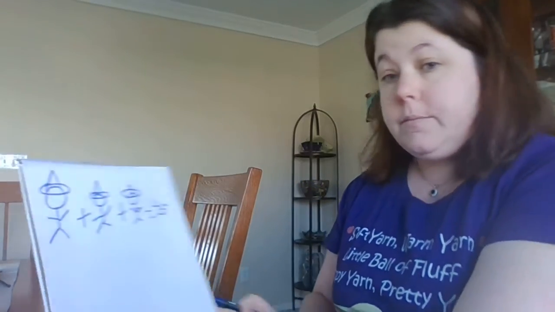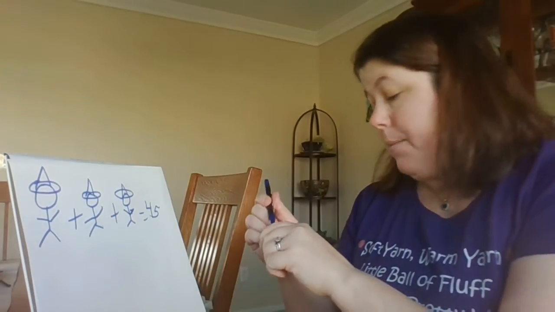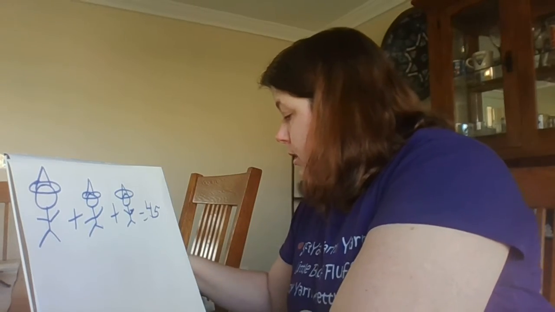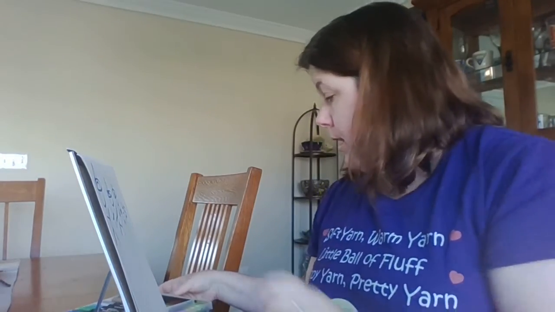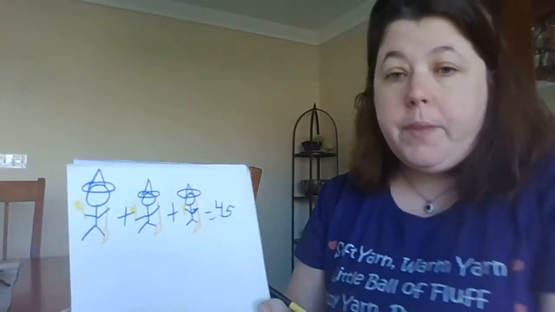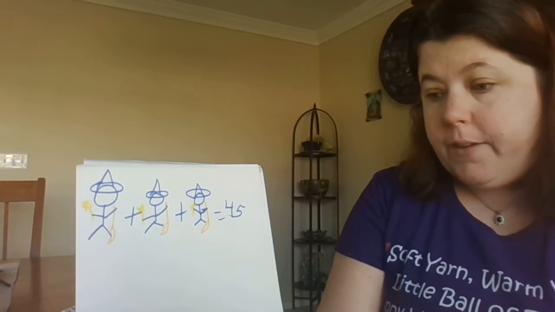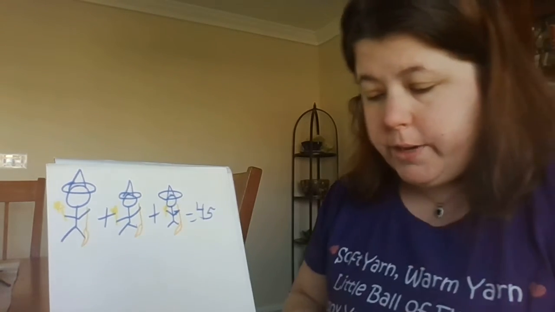Okay, so 3 witches equals 45, but wait a minute. Each witch has her own stuff, so let me draw the little witches' stuff that she's got. Each little witch equals 45. You know, the witch plus witch plus witch equals 45.